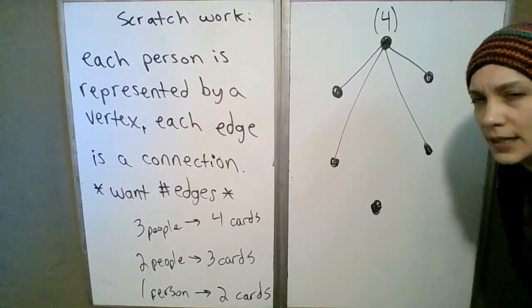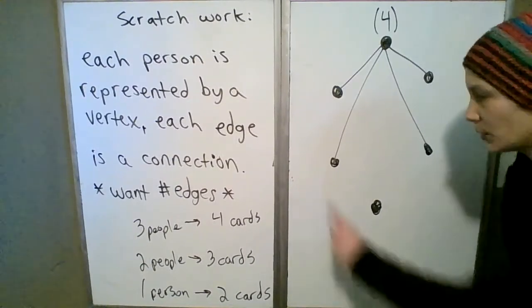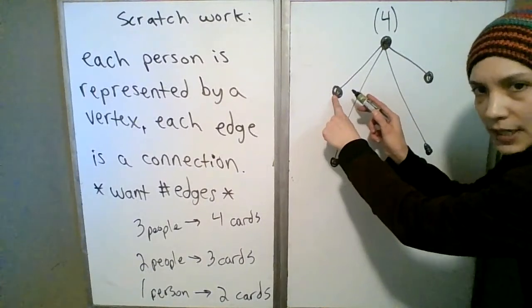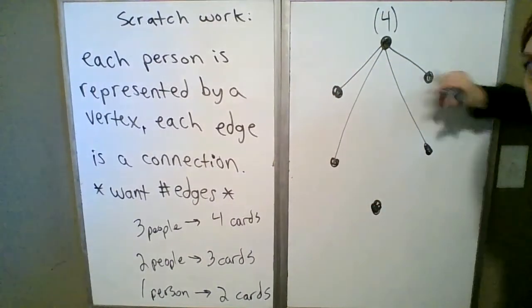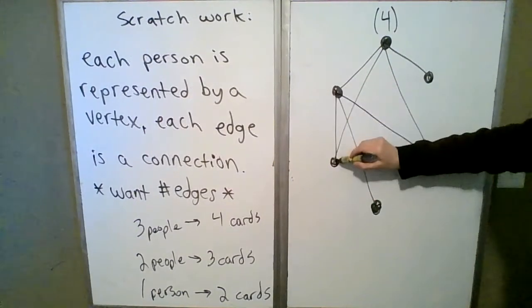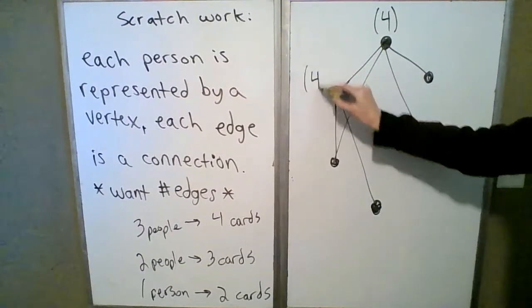Okay, then go here. So there's 1 card, and then we're going to get 3 more from these people, not this one over here. So we're going to connect to this guy, this one, that one. There's my 1, 2, 3, 4 cards.